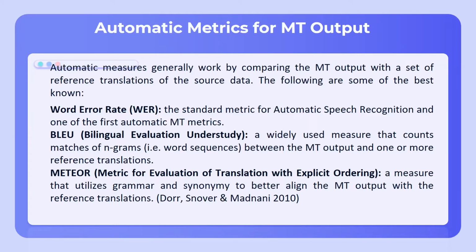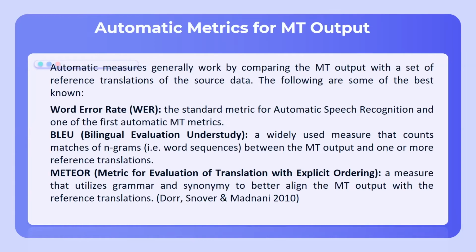A second is BLEU, which stands for Bilingual Evaluation Understudy. It is a widely used measure that counts matches of n-grams, or word sequences, between the machine translation output and one or more reference translations.